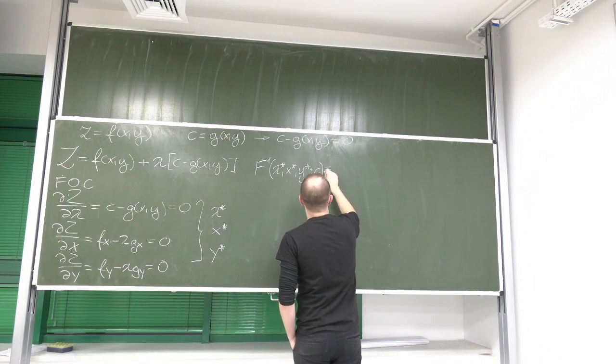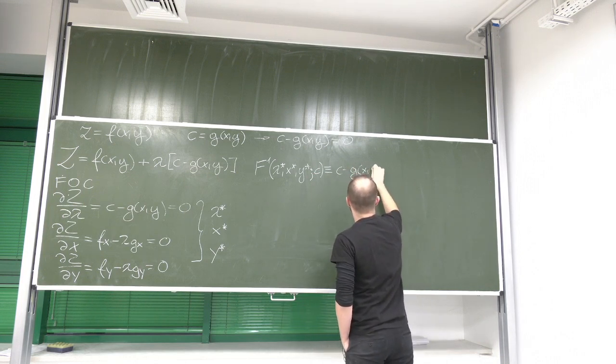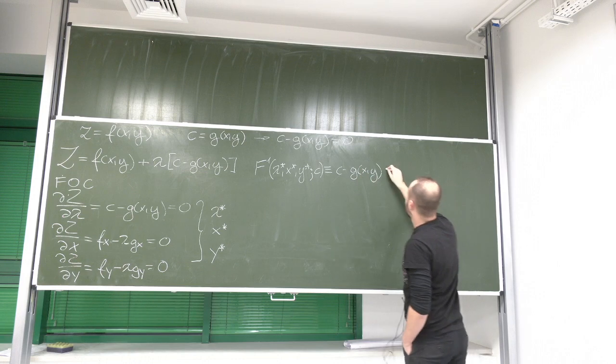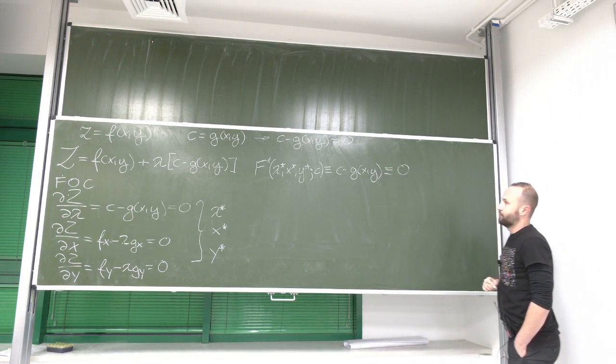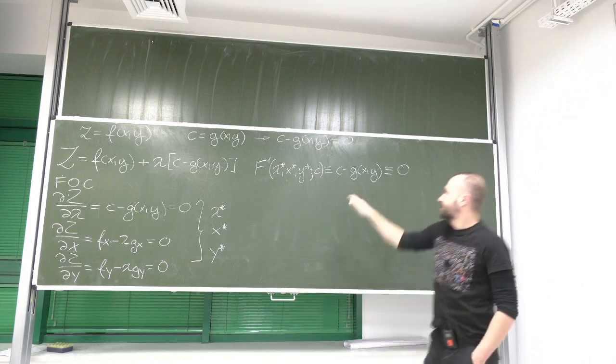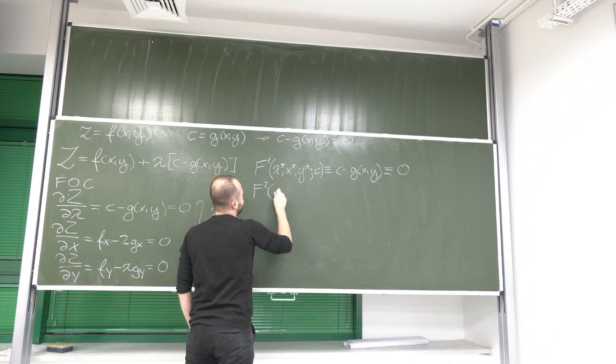And this function is defined to be c minus g xy, and this should be identically equal to 0, right? And now we do the same thing for the other two equations. So we have three functions.